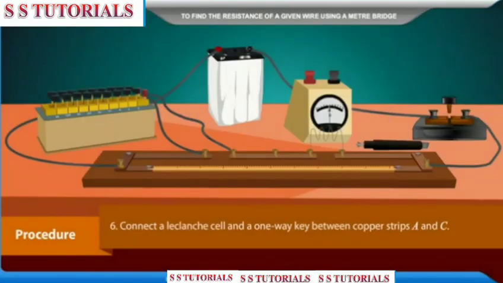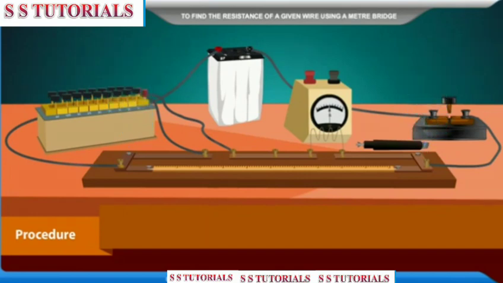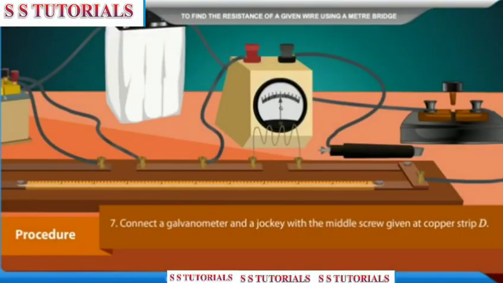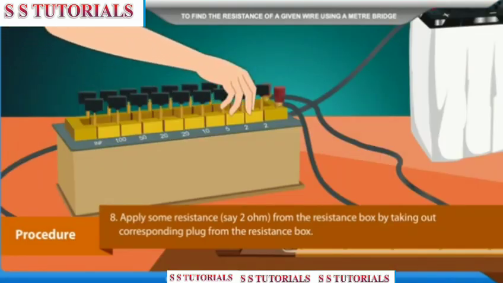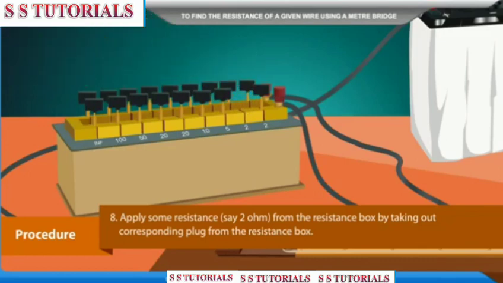bridge. Connect a Leclanche cell and a one-way key between copper strips A and C. Connect a galvanometer and a jockey with the middle screw given at copper strip D. Apply some resistance, say 2 ohm, from the resistance box by taking out the corresponding plug.